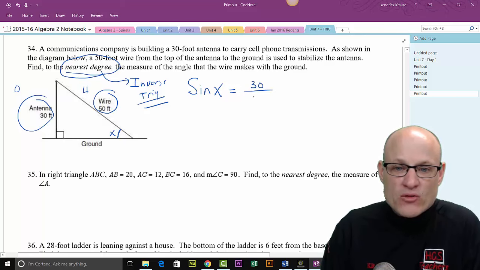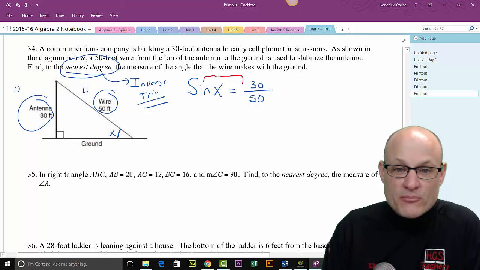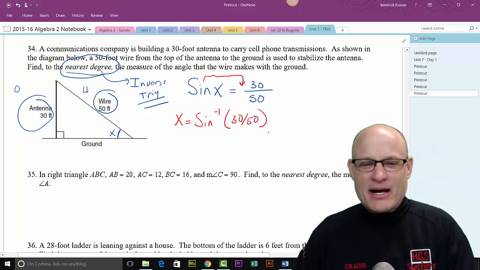If I need to find an angle, I need to get rid of this sine, so I take the inverse of both sides. x equals the inverse sine of 30 over 50. Remember, to get rid of that sine, you can't divide by it. You have to take the inverse. Don't get in that cross-multiplying monkey routine, okay?